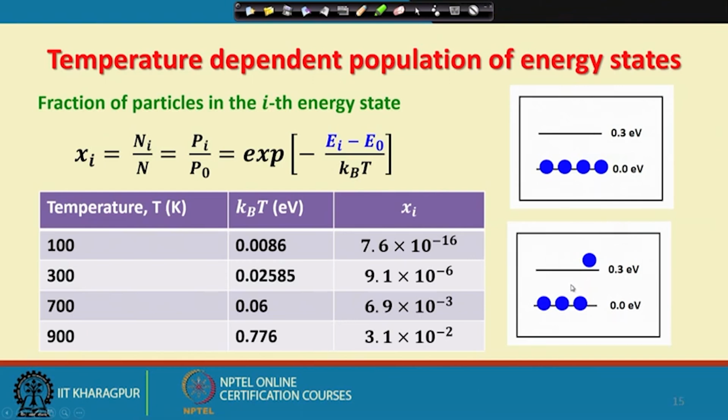And this tells me that this is the representation of the dominant microstate at low temperature, while this is one of the more probable microstates having a particle occupying the higher energy state. But please remember, out of the many particles present, only 3% will be going to the higher energy state.